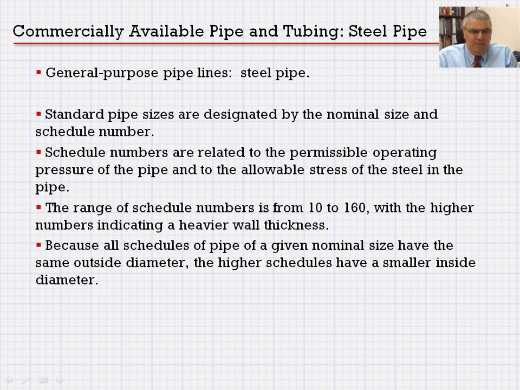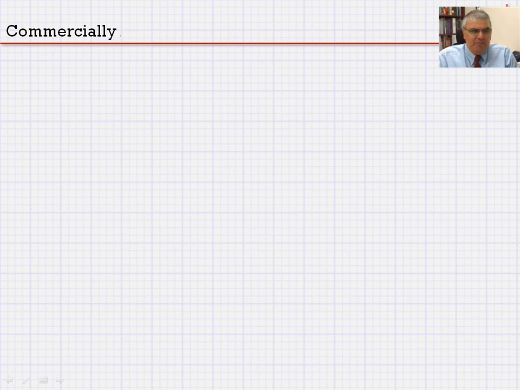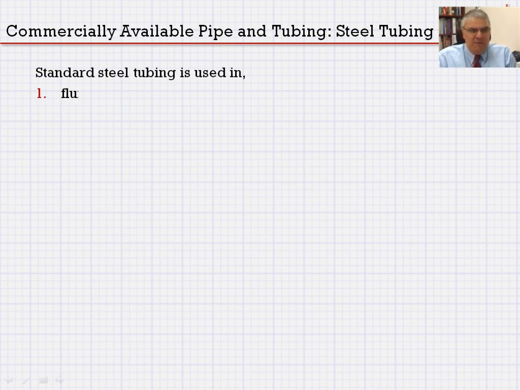So in this schedule system, the higher the schedule, that means the inside diameter of the pipe would be smaller. The system of schedule numbers is also referred to as iron pipe sizes, or IPS. You should be familiar with those terminologies.